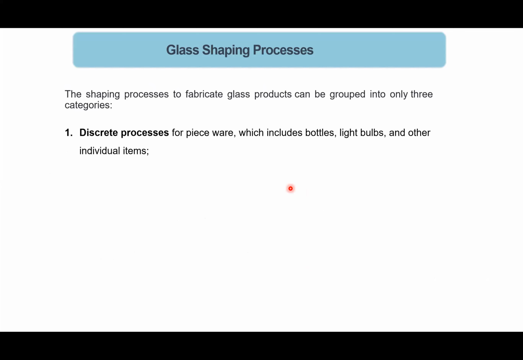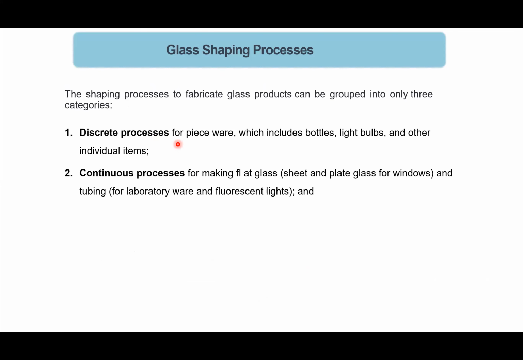The shaping of glass, how to shape, that means producing the different kinds of products. There are three categories available. One is the discrete process. In the discrete process you produce piece ware, which includes bottles, light bulbs, and other individual items. If you produce items one by one, then it's a discrete process.